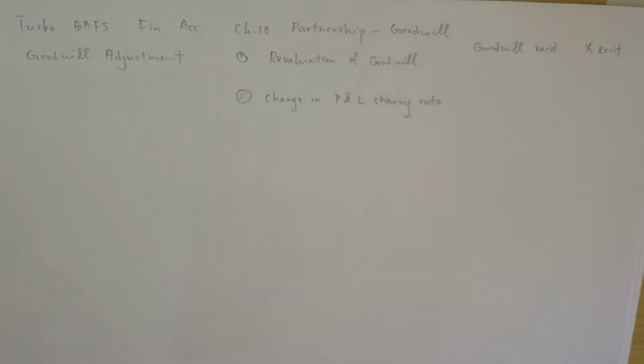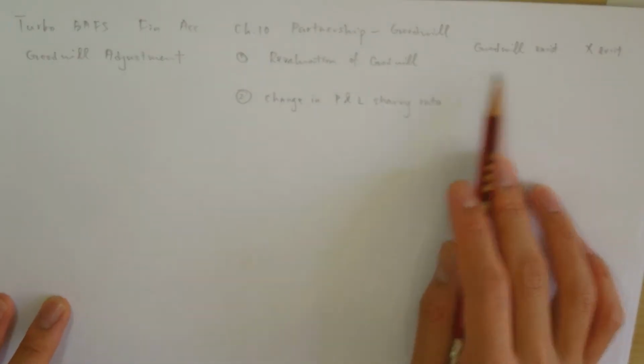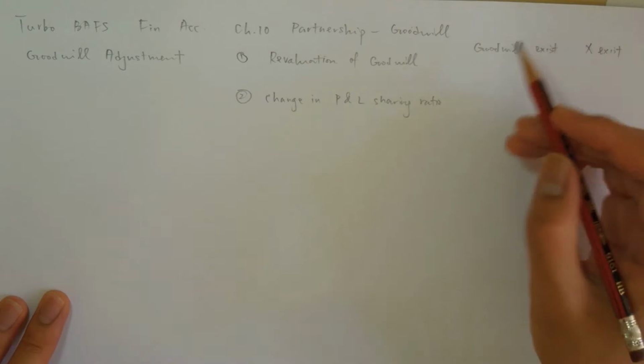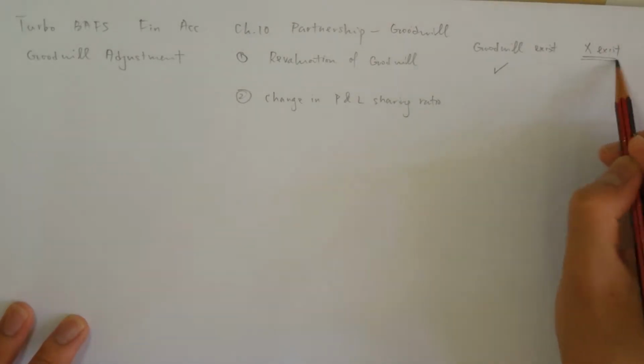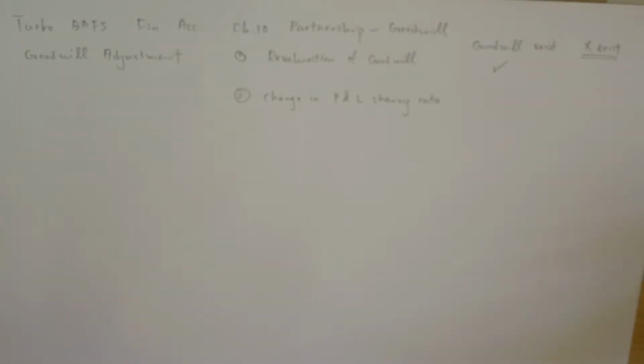So, if the goodwill account exists and there is a revaluation of goodwill, we need to have the accounting treatment. However, when no goodwill account exists, even though there is a change in goodwill, increase or decrease, we don't need the accounting treatment.